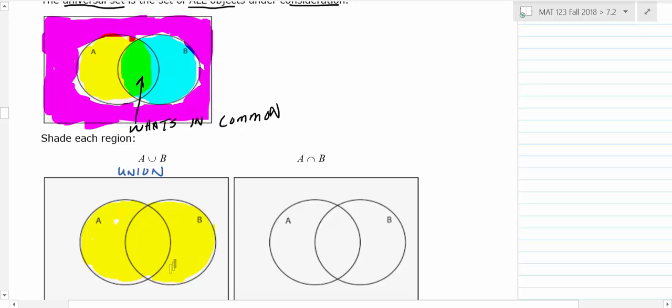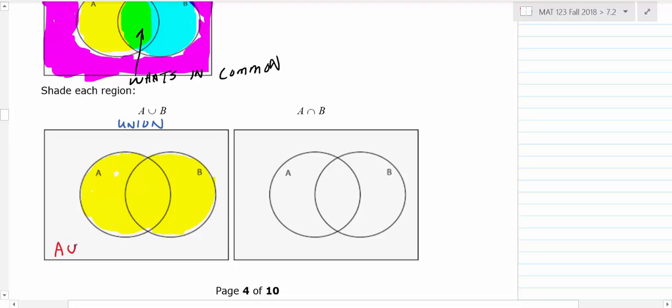That's okay, because that's the definition of union. The definition of union, and you want to write this down, is the set of elements such that you're an element of A, or you're in B, or you're in both. That's what we mean by union in mathematics.